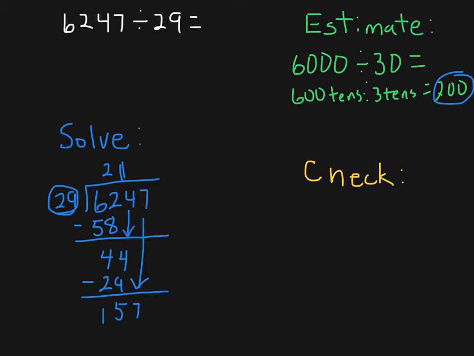I'm going to have to use some more estimation. So I'm going to round that 29 to 30 again and think of it as 3 tens. And 157 is, of course, 15 tens plus 7 ones. So 3 will go into 15 5 times. 5 times 9 is 45.